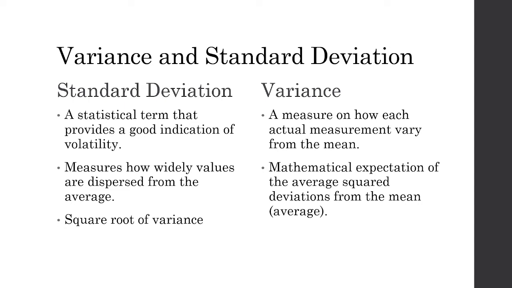It measures how widely values are dispersed from the average, and it is also the square root of the variance. So basically, when we compute the variance, madali na natin makuha yung standard deviation because we just need to get the square root of that variance and we have the standard deviation.